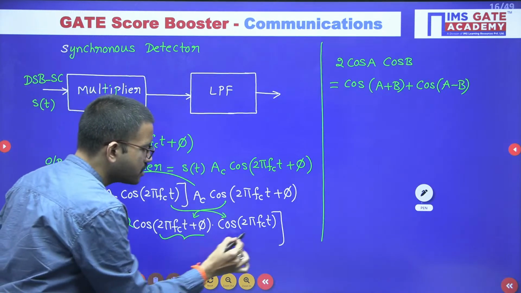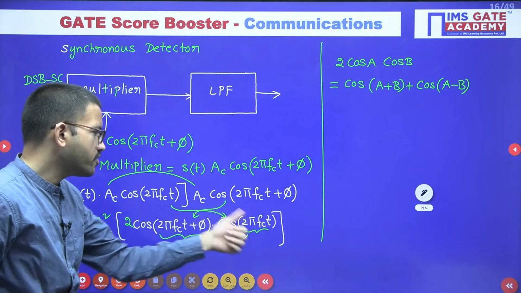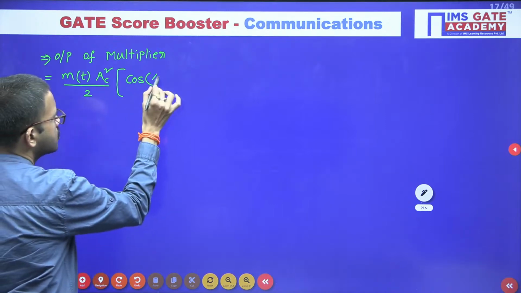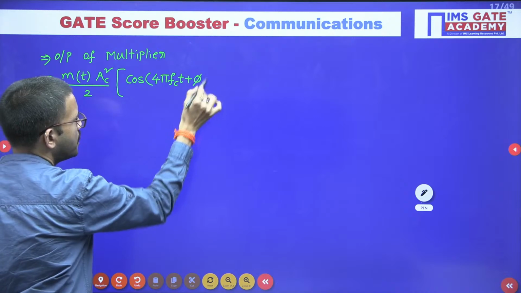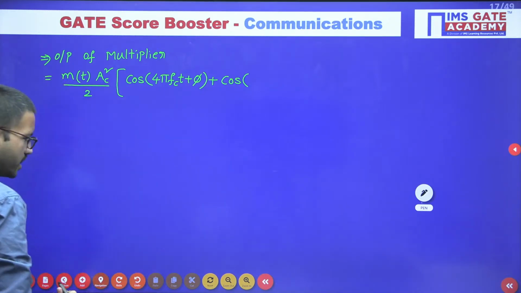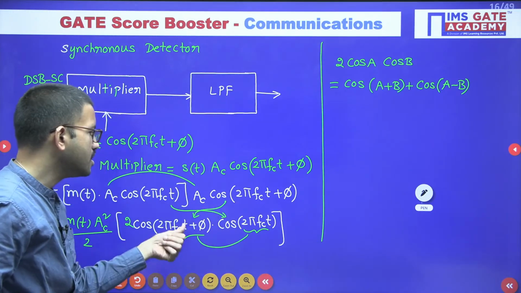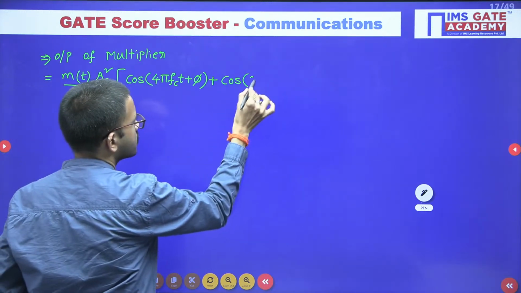Cos sum means you have to add these two: 2 pi fct plus 2 pi fct, that means cos(4 pi fct plus phi), plus cos difference. When you perform the difference of these two, A minus B, 2 pi fct will get cancelled. You are getting simply cos phi.